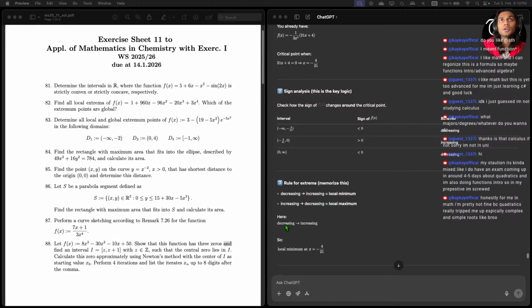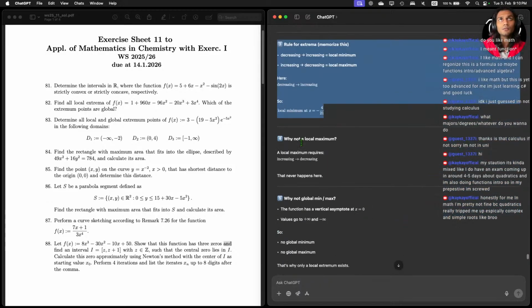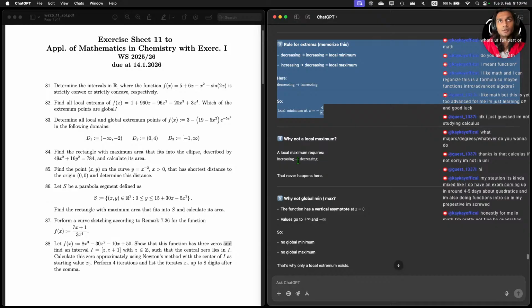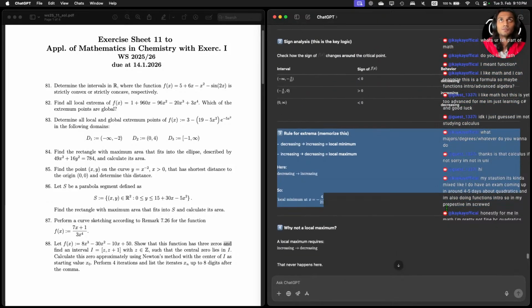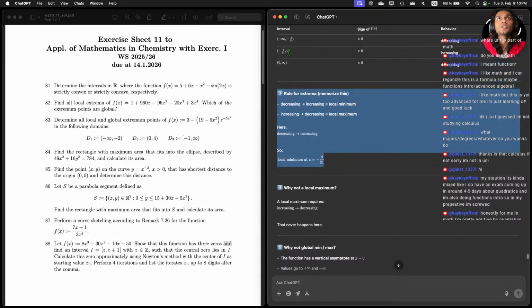Here, decreasing to increasing. We have three cases, okay? Why not local maximum? Local maximum requires increasing to decreasing. This never happens here.